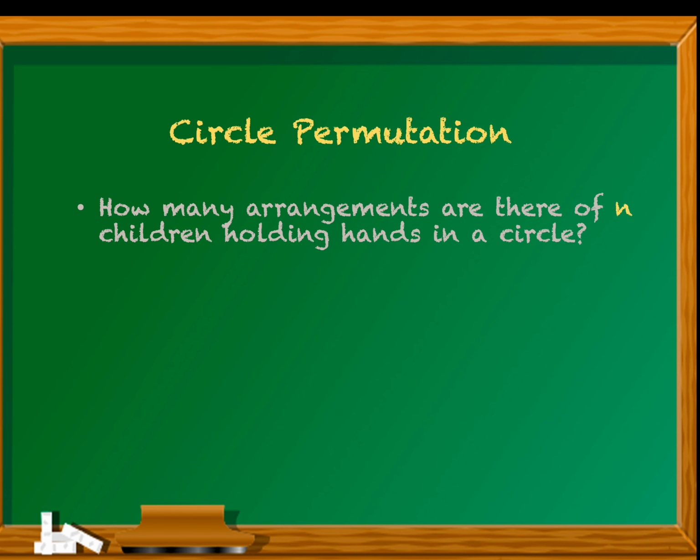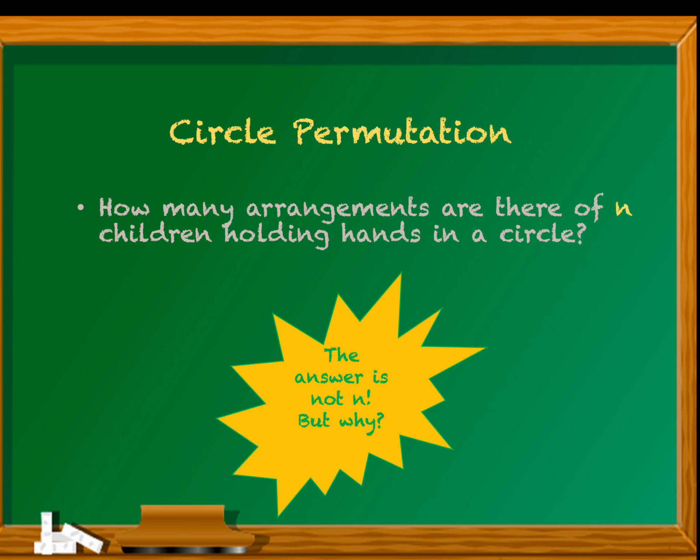And the other challenging thing for students to learn is circle permutation, in which it has to be spotted why circle permutations are different than regular permutations. And here we explain to students why circle permutations are important and why they are different than regular permutations.